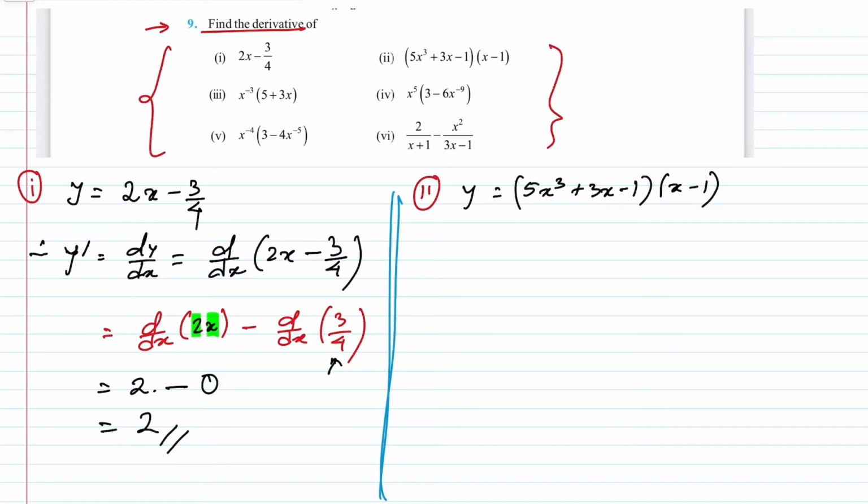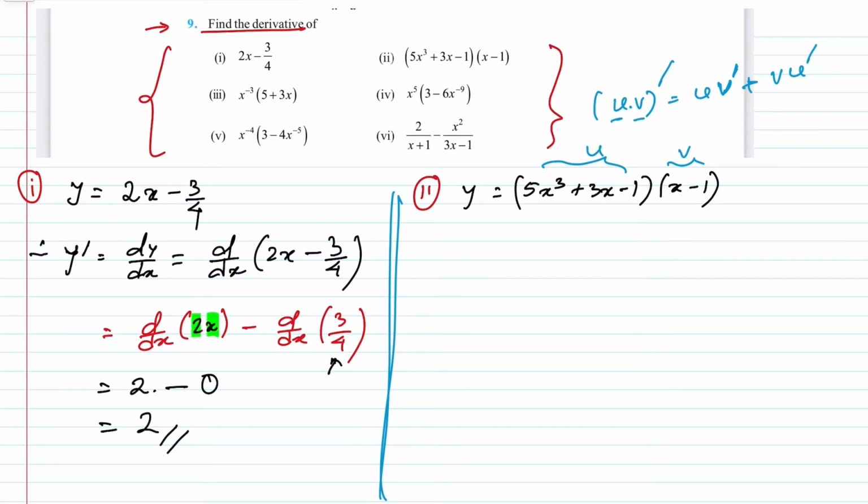Here we are going to apply the product rule, u into v. If u and v both are functions of x, and you consider this one as u and this one as v, then how to find the derivative? First function, that is u, into derivative of the second function (this dash represents derivative), plus second function into derivative of the first function. Hope you have understood this.